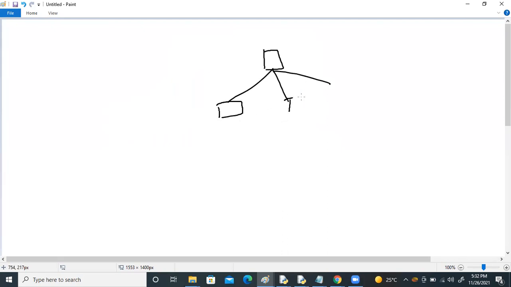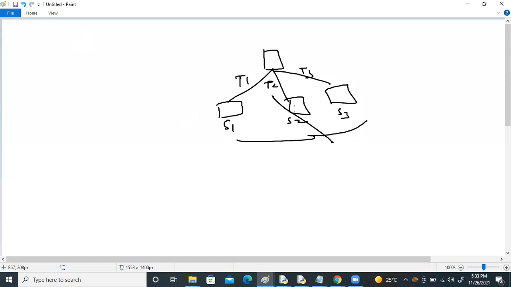Here, tasks T1, T2, T3 are assigned to slave 1, slave 2, and slave 3, and the 3 tasks are executed by the 3 slaves parallelly. Suddenly, if any one slave goes down, the task can be assigned to any of the available slaves.